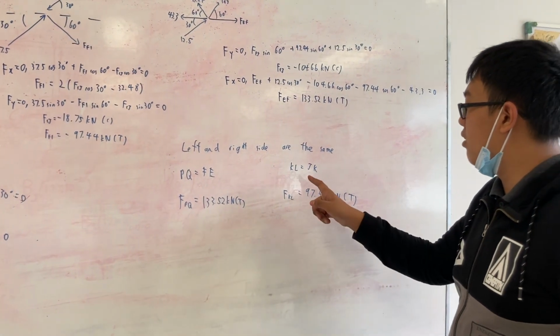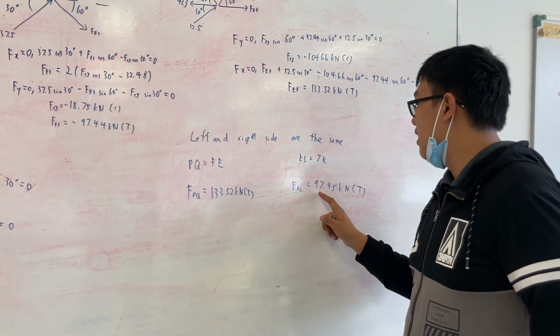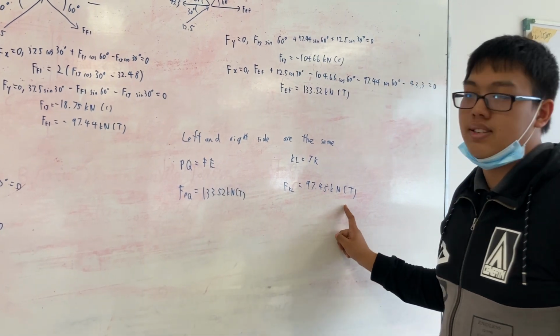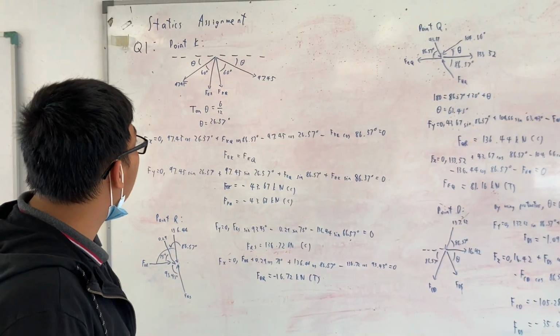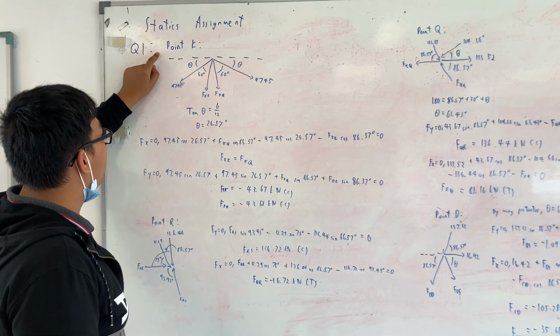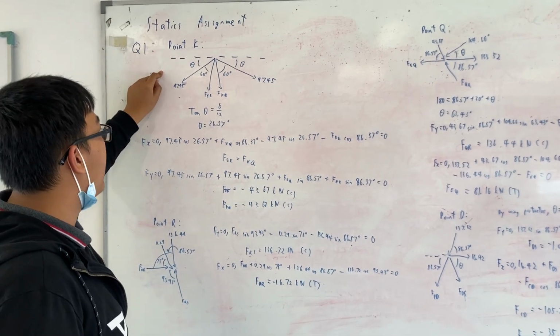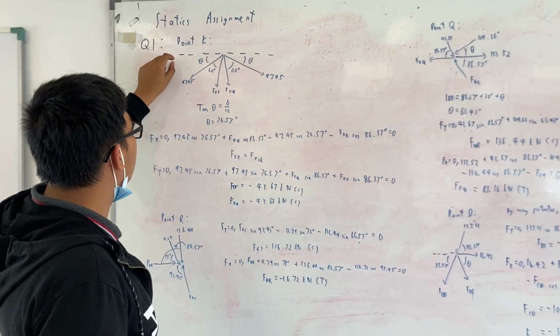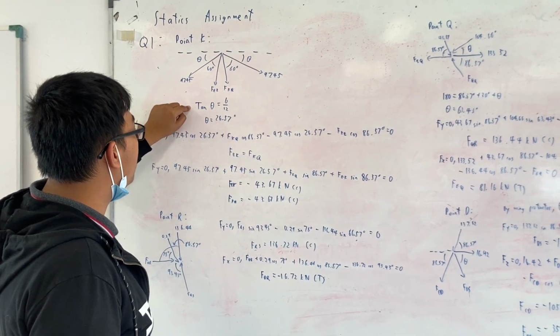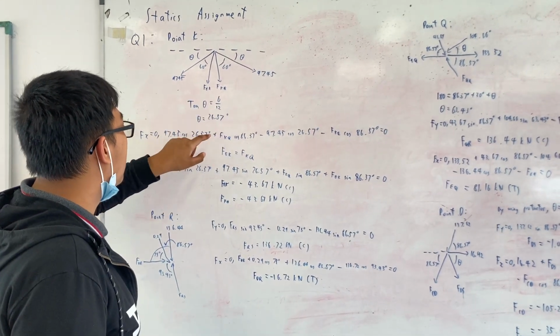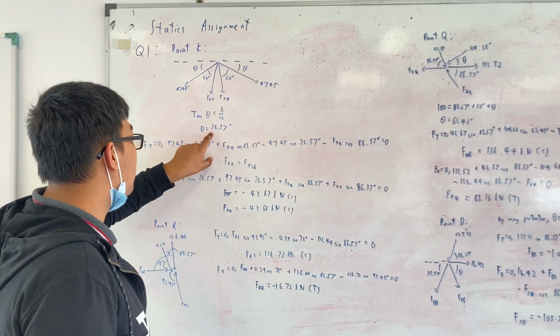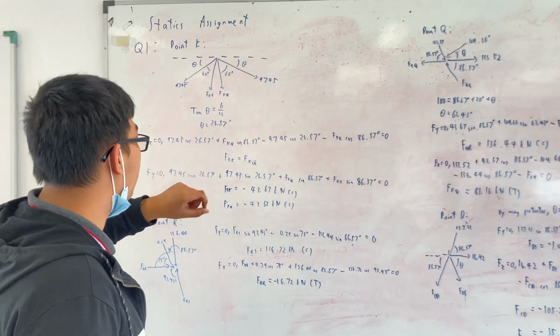And then FKL will also be equal to FJK, which is 97.45 kilonewtons. Okay, now we move on to point K. From the diagram given, we can use the values to determine that tan theta is equal to 6 over 12. Calculating, we can get theta is equal to 26.57 degrees.